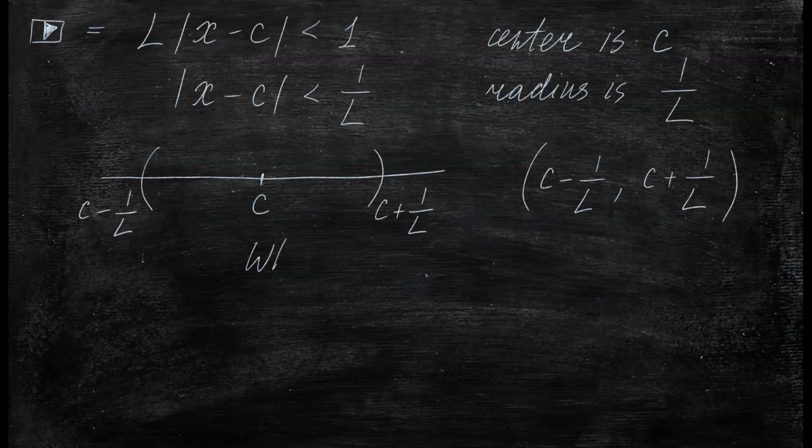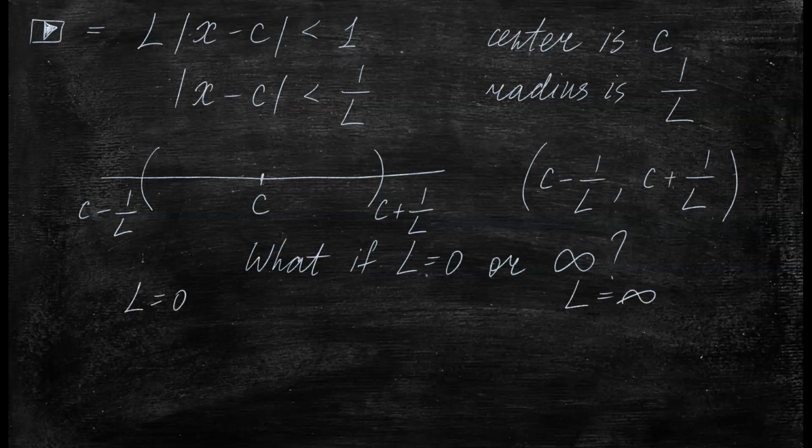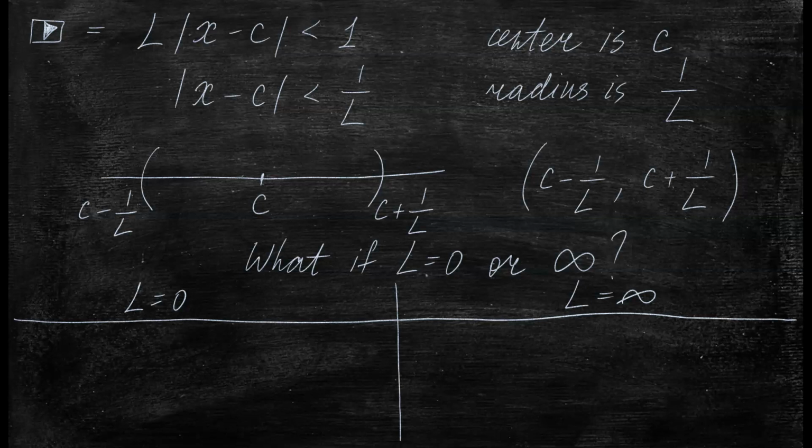Now, an important question that needs to be addressed, well, at least it's a good rough draft of the interval. But before we continue the conversation, let's answer this question. What happens when we find that limit and it's not a number, but a 0 or, let's say, infinity? Well, let's discuss this. Let me remind you what L is.